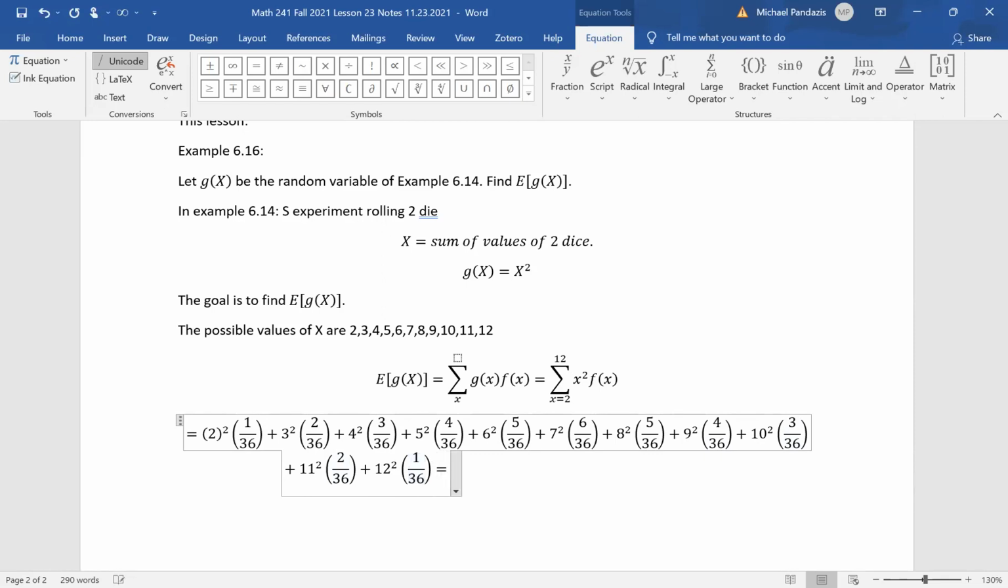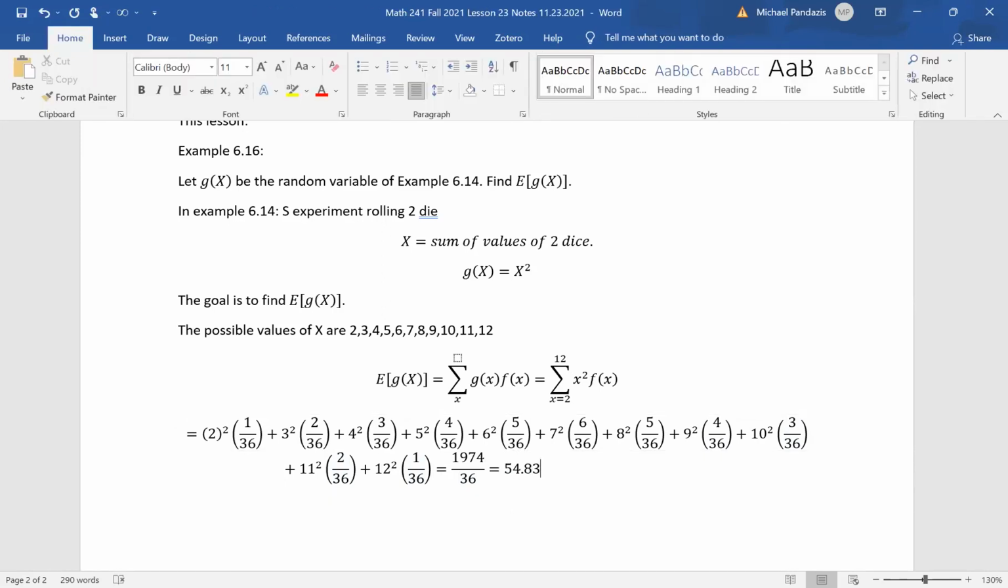So you take the sum of those products and you get 1,974 divided by 36. And that's equal to 54.83. Okay, and so that's the expected value of g of x.